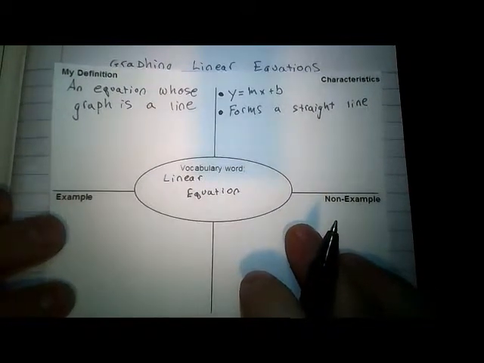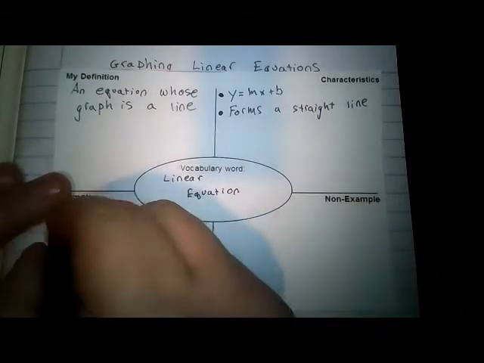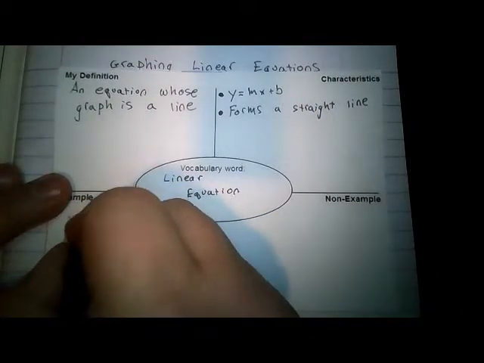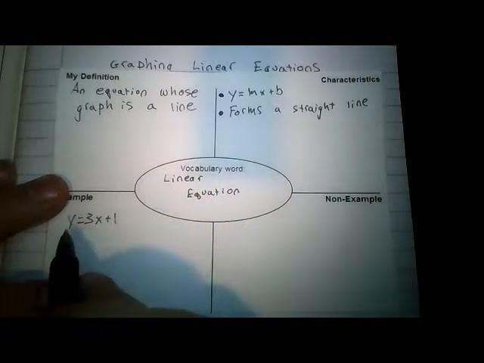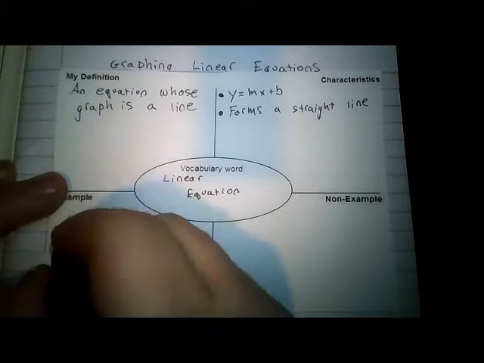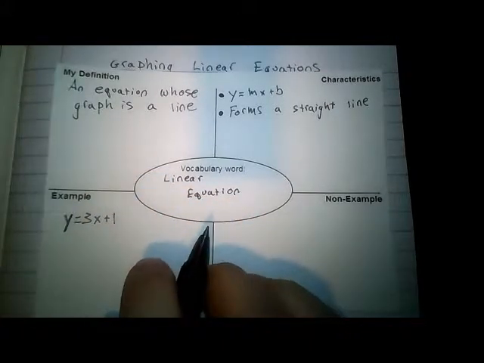Some examples of linear equations: y = 3x + 1. As soon as we have two variables, a y and an x, that is the most common that you'll see here for 8th grade math.